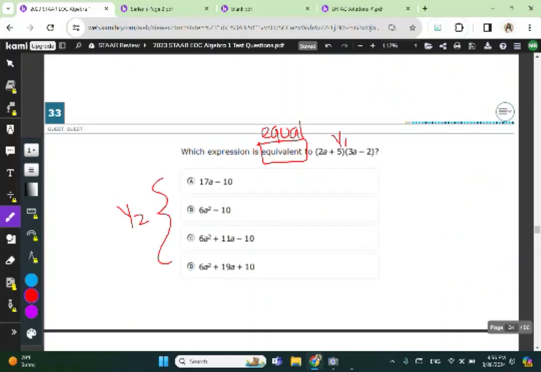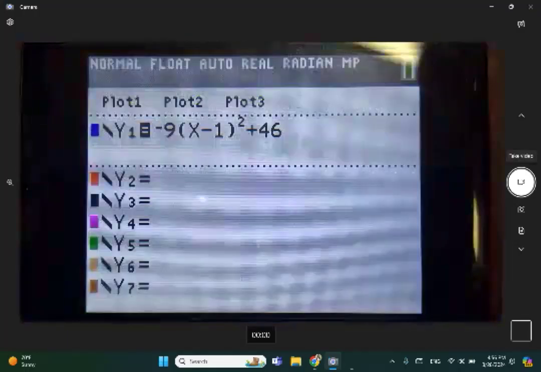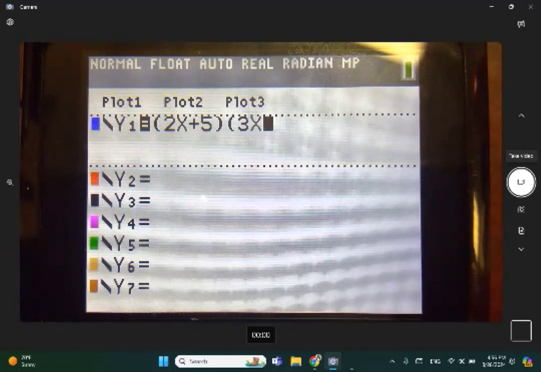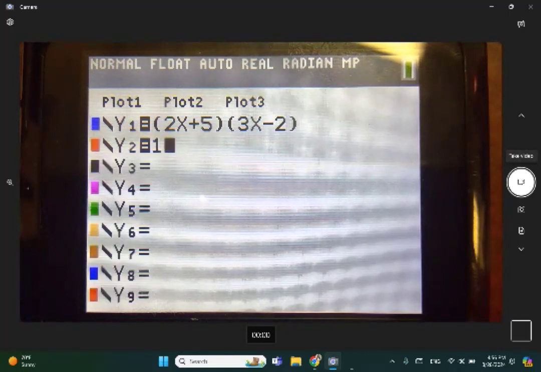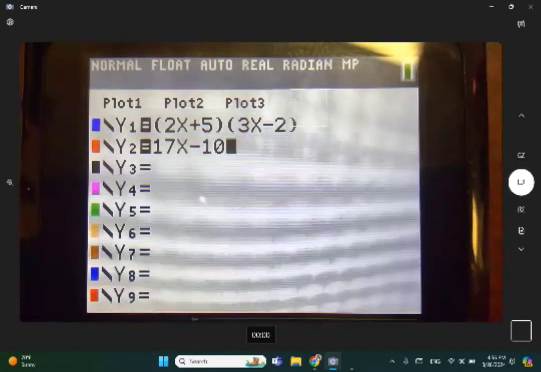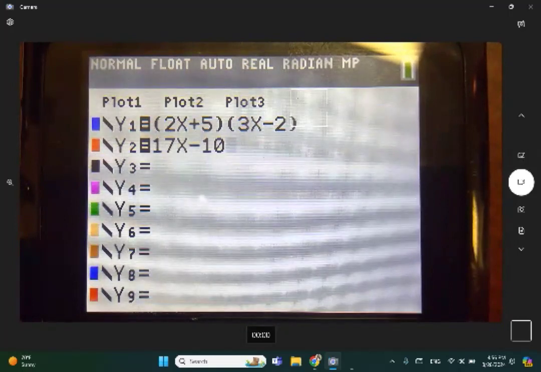So we're going to start with answer choice A. I'm going to go to y equals, typing answer choice A, which is 2x plus 5 times 3x minus 2. Answer choice A is 17x minus 10. If I simplified this very top row, it should give me the same if they are equivalent, if they are equal.